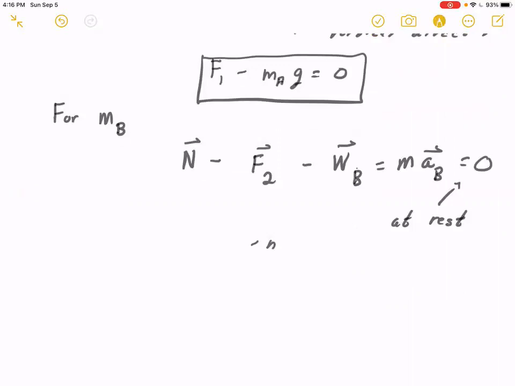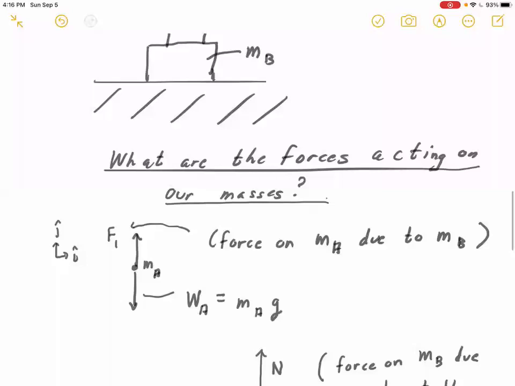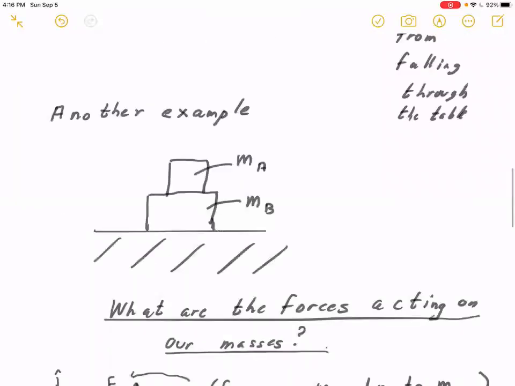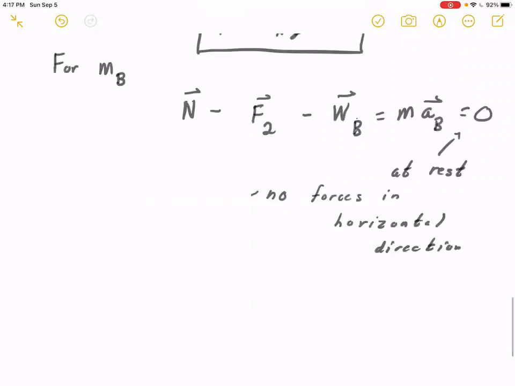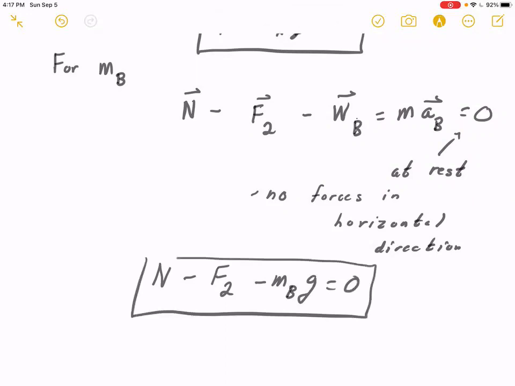So it's trivial to decompose this vector equation in terms of its horizontal components because there are no forces pushing or pulling this system along the table. And you only have forces in the vertical direction, and you can write them in component form. And here they are. And again, there's no motion in the vertical direction, so they have to be equal to 0.